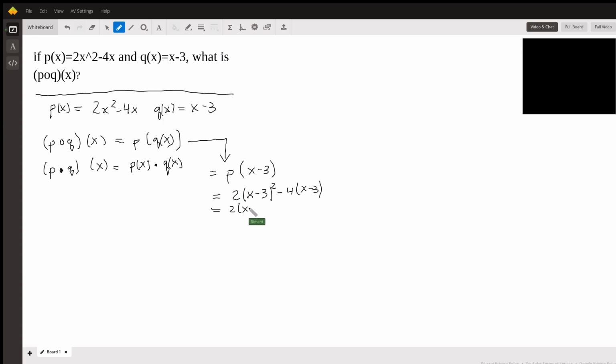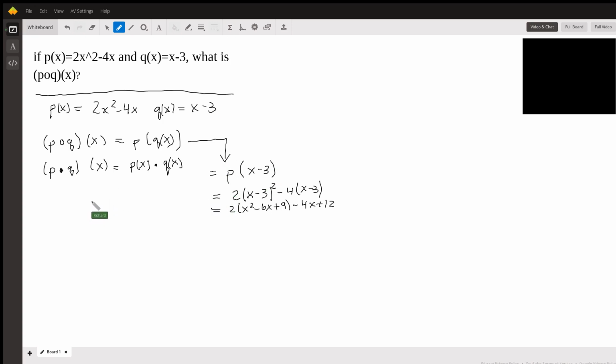So this is going to be x squared minus 6x plus 9 minus 4x plus 12. And then combine like terms. I can't seem to fit it on my screen here, so I'm going to put it over here.